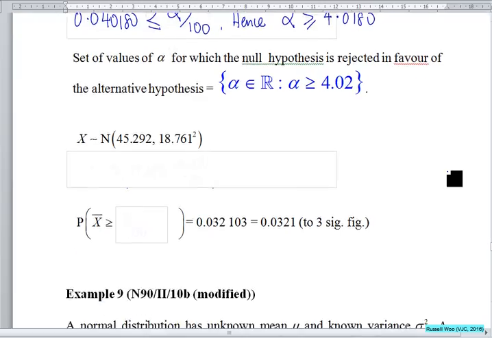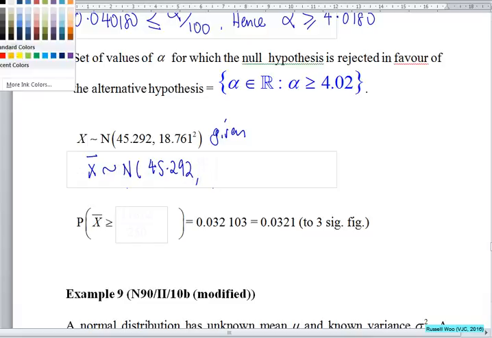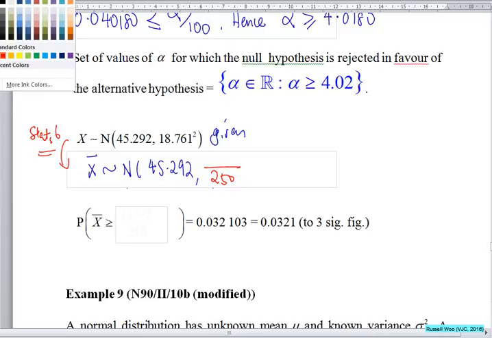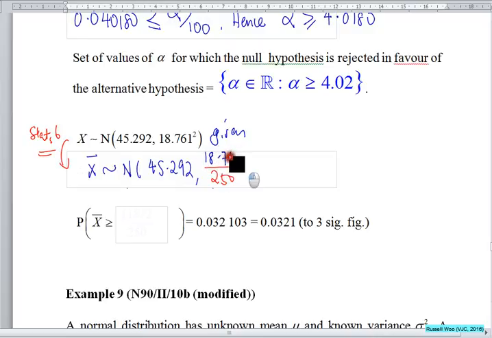This is not a hypothesis testing question anymore. Now this is given. X bar should follow a normal distribution with mean 45.292 and variance 18.761 squared divided by 250.